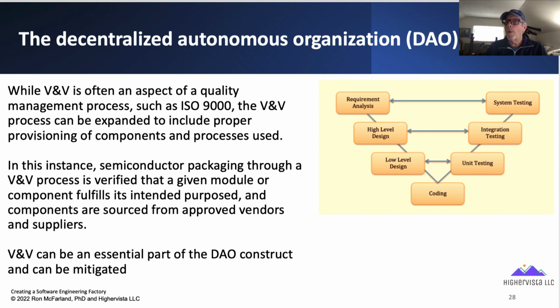You can't go out and purchase hardware or software through some vendors that are known adversaries of ours and suppliers. V&V can be an essential part of the DAO construct and can be mitigated as such. In other words, think about the agreements that are formed in the blockchain environment. Verification and validation can be part of that contract, and it should be.